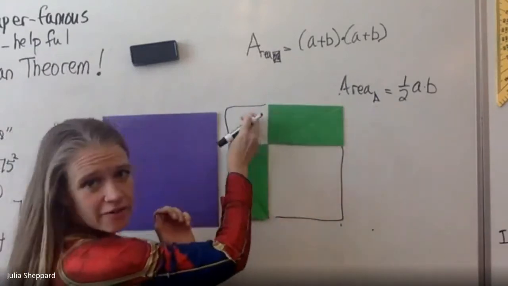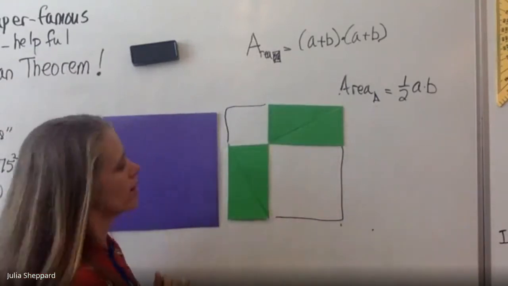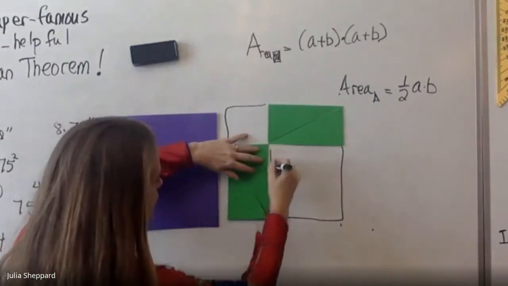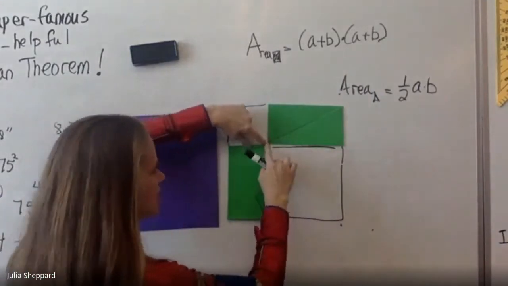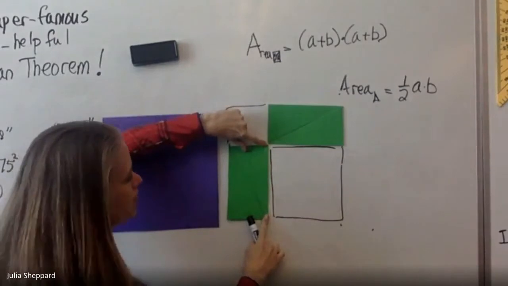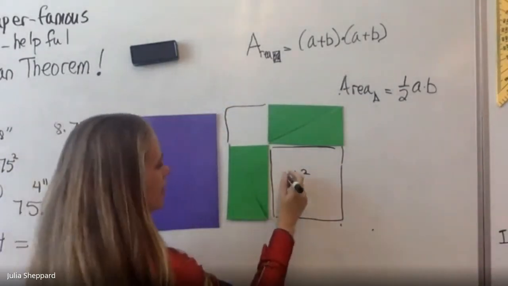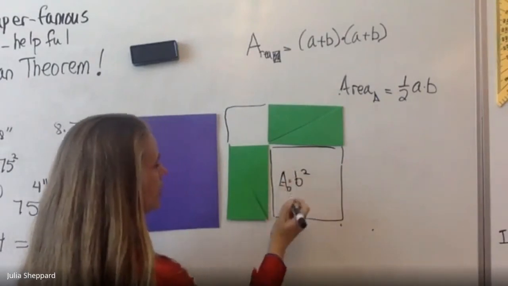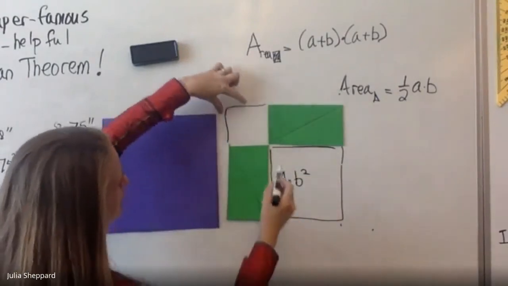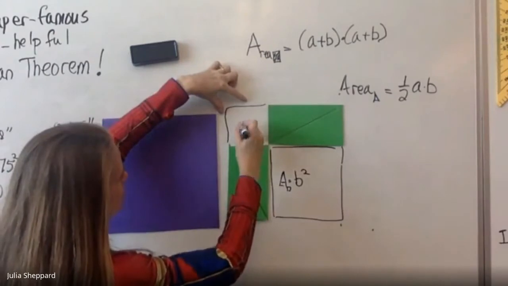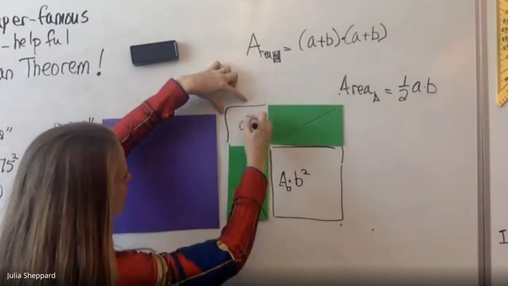I can find the area of each rectangle and square separately. Now this square is this long leg length, which is B. So this is B squared. That's the area of this square. Now this is A, so this little area is A squared.